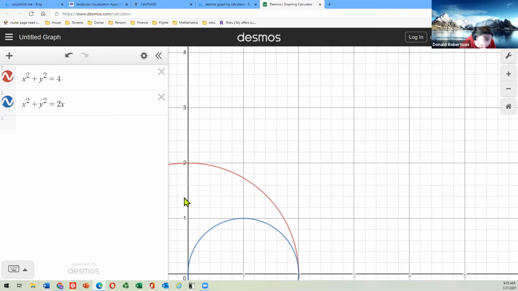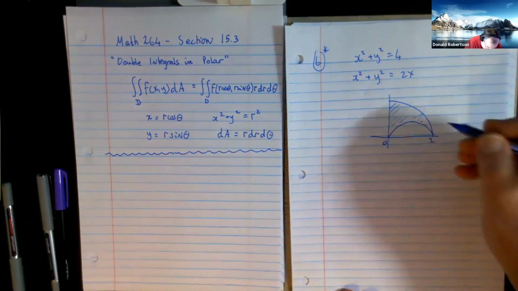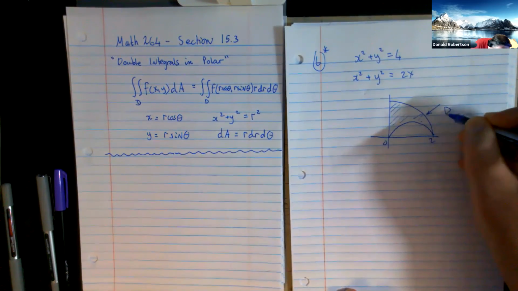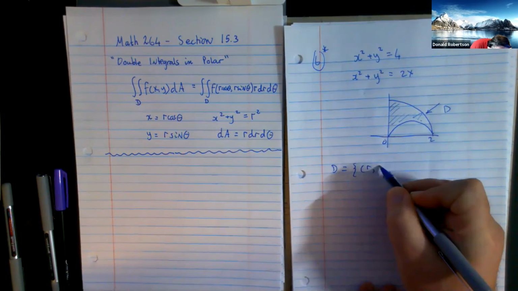And the key numbers here are 2. So I got my weird shape. Now I'm going to have to try and describe this weird shape, this is my D, in terms of r and theta.